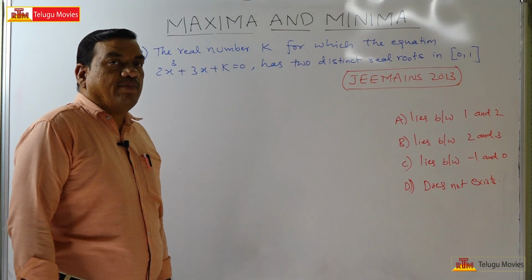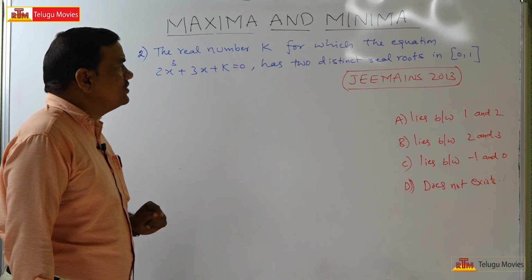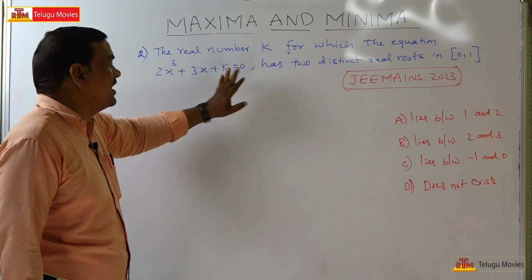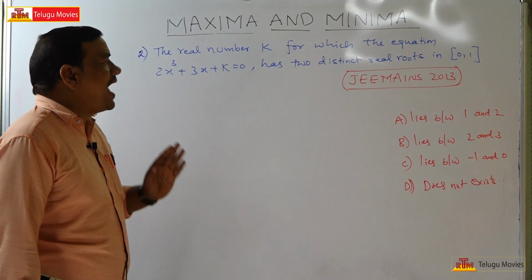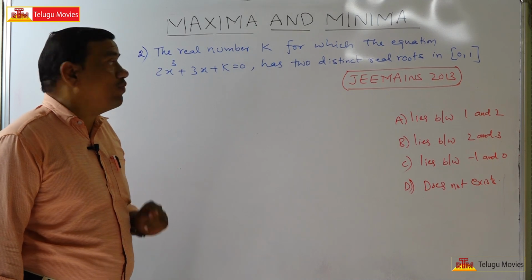Welcome to the second problem. The real number k for which the equation 2x cube plus 3x plus k is equal to 0 has two distinct real roots in 0, 1.